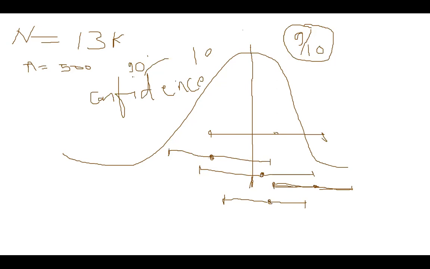This is 90%, this is 95%, this is 99%. I can demonstrate one more time how we get the values. I just go here, graph, probability distribution, normal.